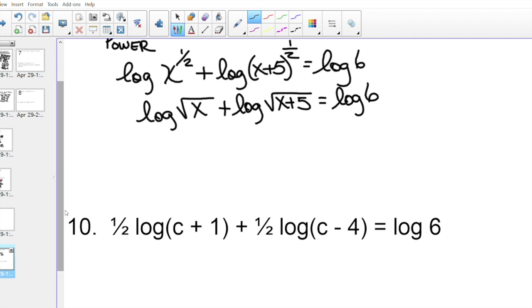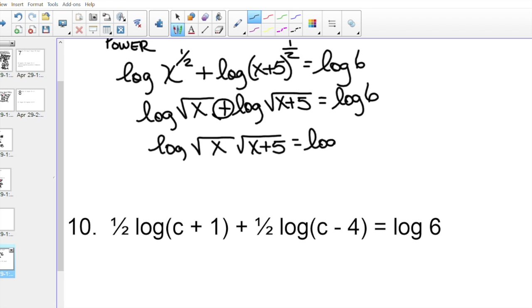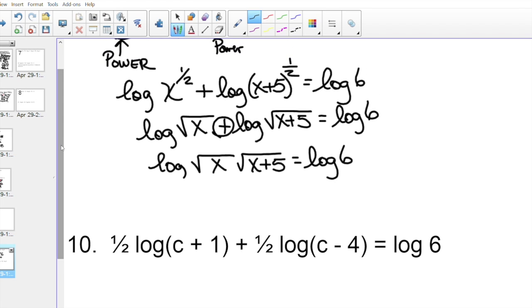Now, remember, going backwards, so if you're adding logarithms, previously you were multiplying these two. Now, I hope you caught on to that portion of what we just did.